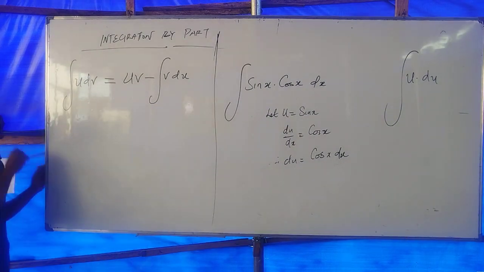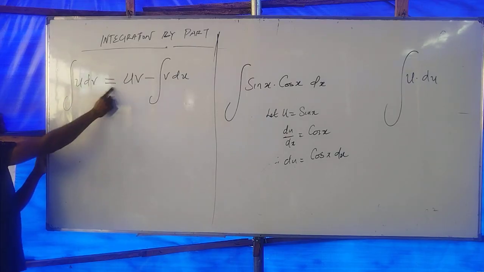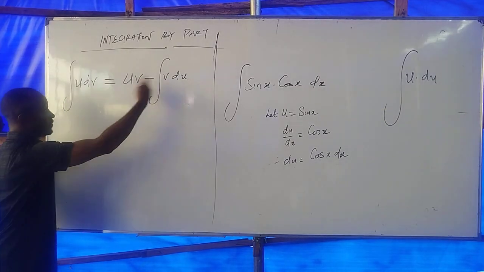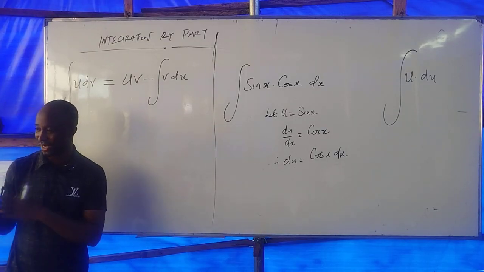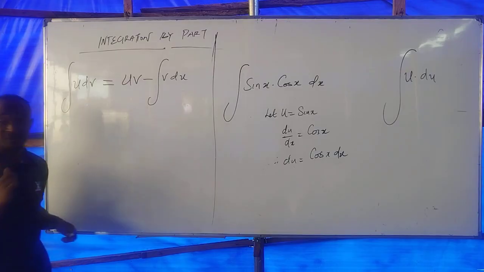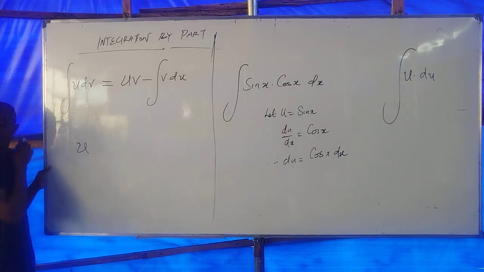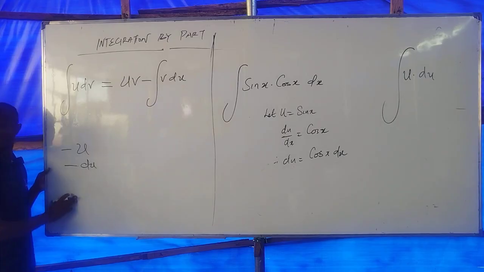Now watch, listen. The integral of u dv, the formula says, equals uv minus the integral of v du. Before you start integrating any function by parts, the first step is to identify your u. When you find your u, find your du.